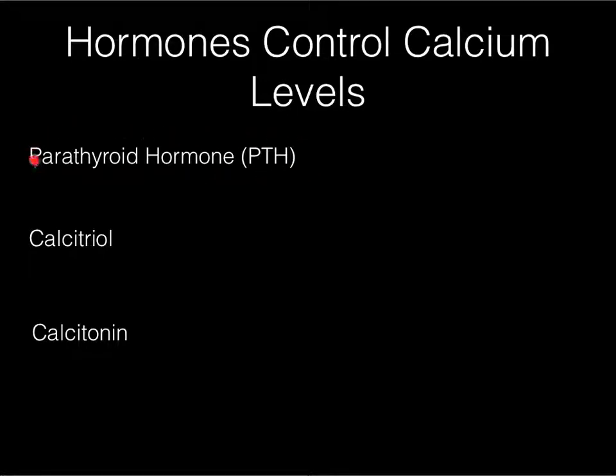Parathyroid hormone, or PTH, causes blood calcium to go up, and bone calcium to go down. So you're taking calcium from your bones and putting it into your blood.